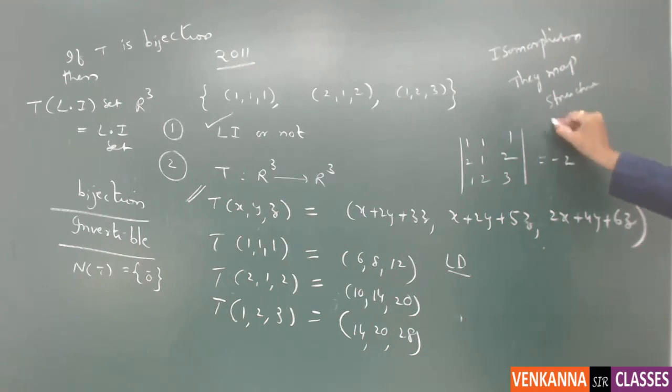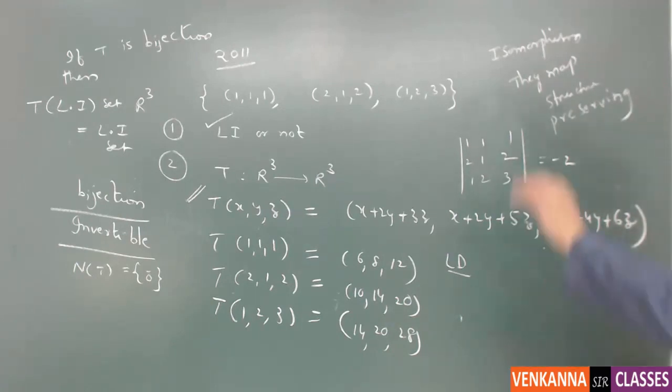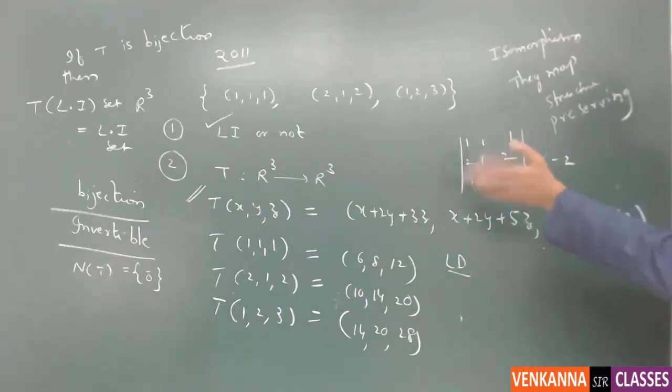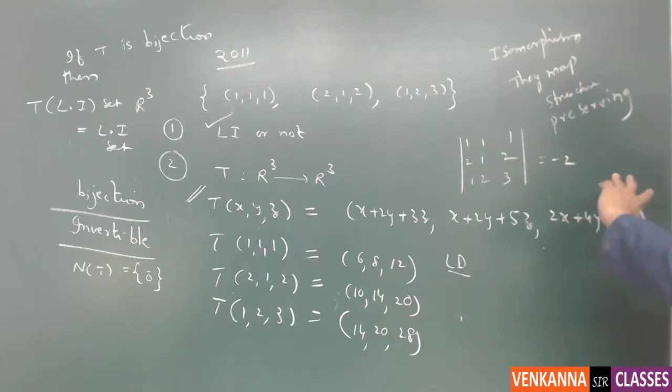Otherwise, we can say they are structure preserving. Whatever input you give, a similar kind of output will come. The result values will vary, but the result will have the same characteristic features.